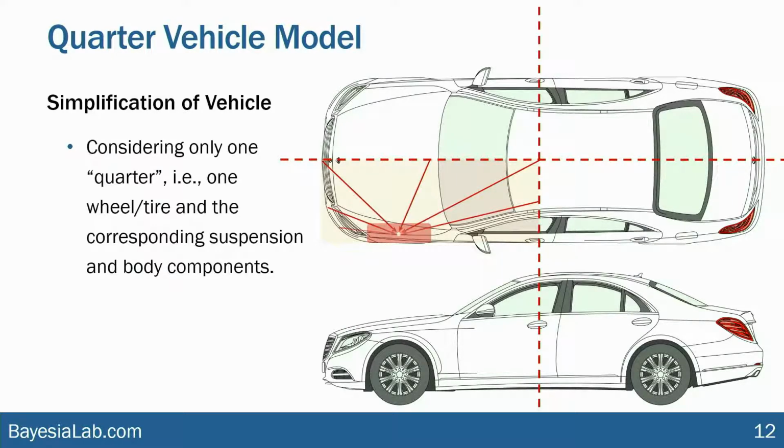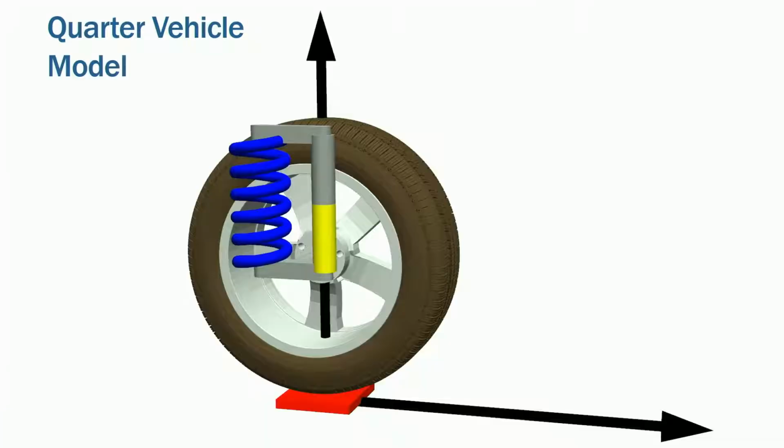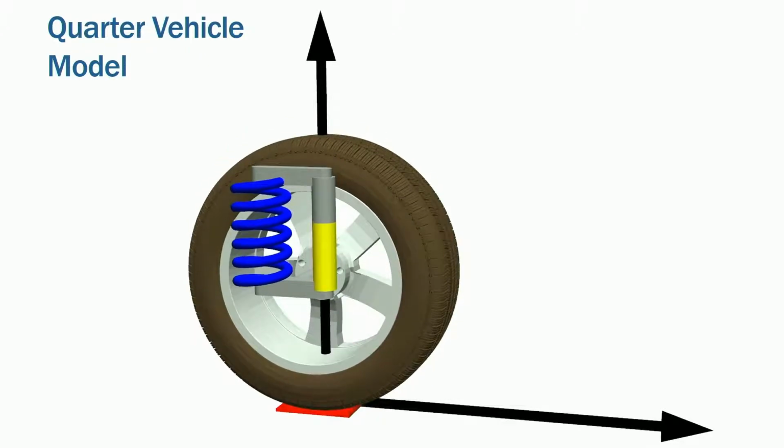Also, we will only consider the body and the mass of the body concentrated into a single point. So this is obviously very, very simplified compared to reality. But let me illustrate this a little bit now. Here we have a visualization of the simulation model.